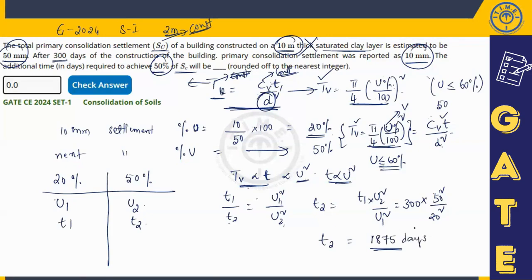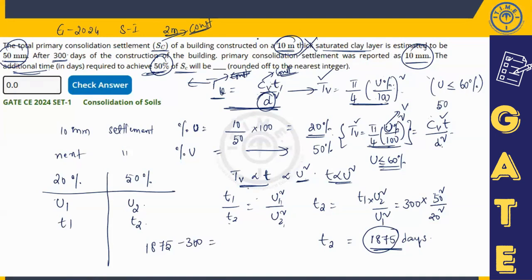But is it required? The additional time is asked. He is not asking for the time. Additional time means out of total 1875 days, in the first 300 days, 20%, 10 mm is done. So for the complete 50%, how many extra days are required? Additional time means 1875 minus this 300.